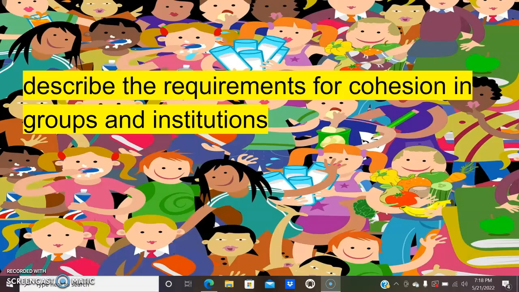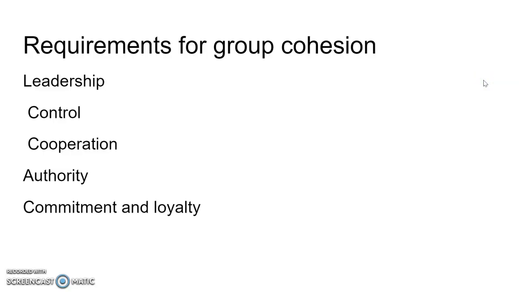Now, there are some requirements that I think should be present in a group or an institution in order for cohesiveness to take place. And you must be wondering, Miss, what are these requirements? Now, if you are thinking leadership, control, cooperation, authority, commitment, and loyalty, you are definitely correct.